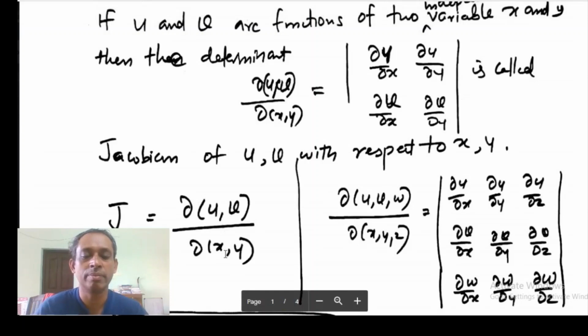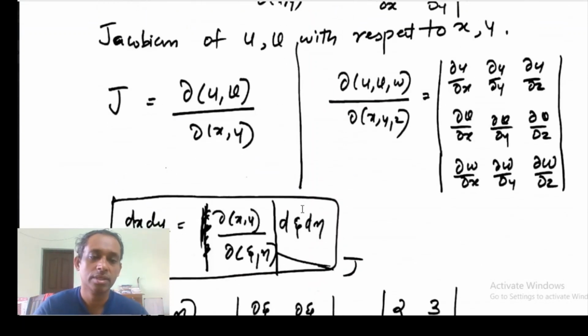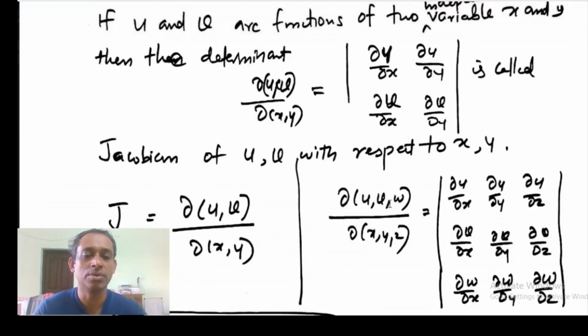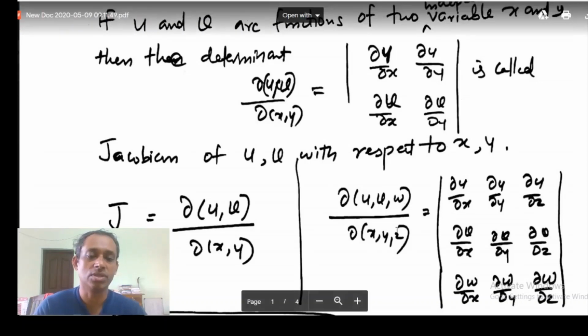We might be asked to determine the Jacobian directly for three functions u, v, w, which are functions of x, y, z.